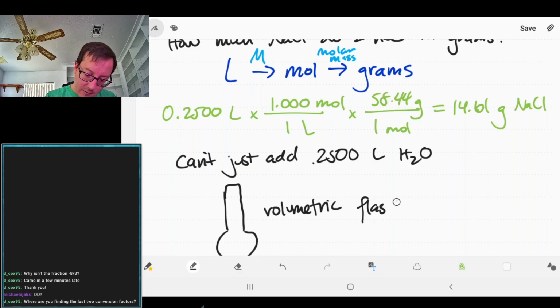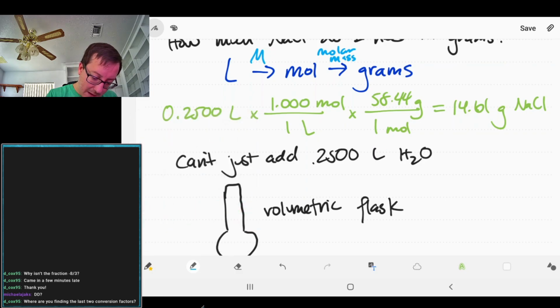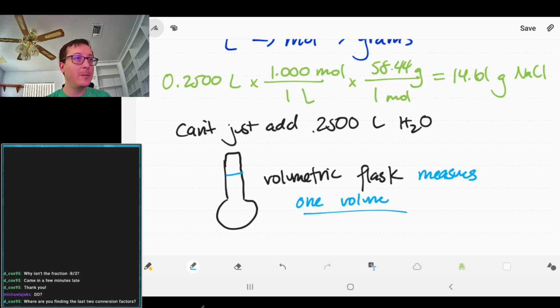These have a very specific line on them when you're filling them up. And each volumetric flask measures 1 volume only. If you have a 10 ml volumetric flask, that line tells you exactly where 10 mLs is.